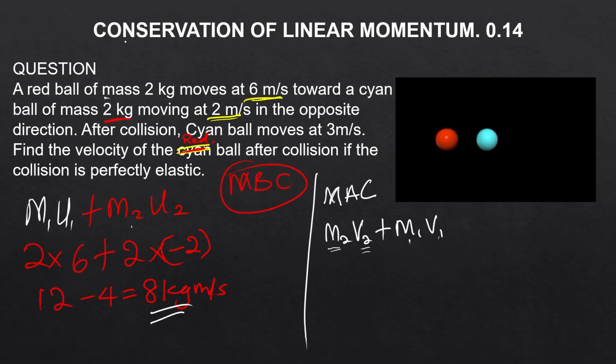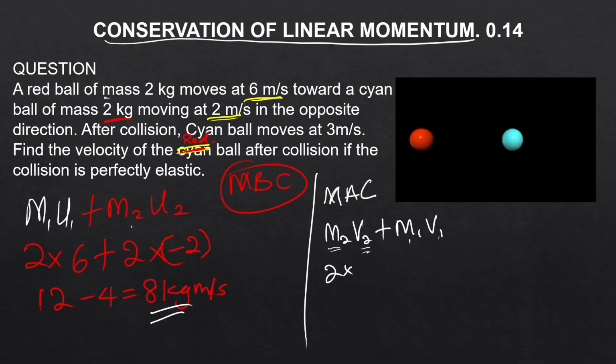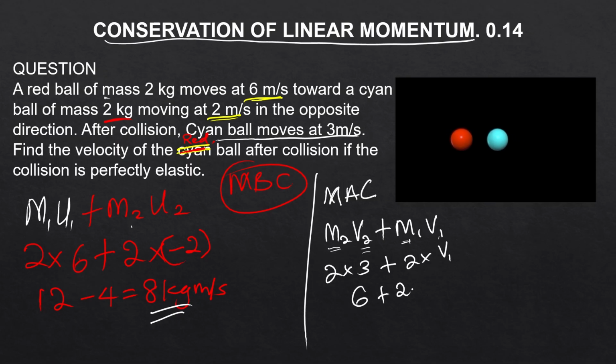M2 is 2 times v2, and v2 is my cyan. After collision, cyan moves with 3 in the same direction, plus the red ball, which is 2 times v1, the velocity of the red ball that we are looking for.